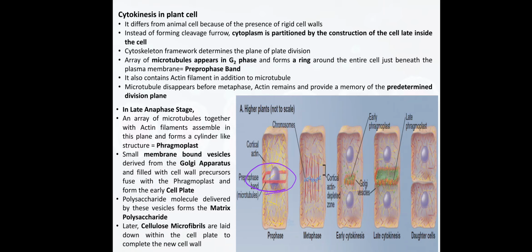Along with that, small membrane-bound vesicles derived from Golgi apparatus, filled with cell wall precursor, fuse with the phragmoplast and form the early cell plate. The polysaccharide molecules delivered by these vesicles form the matrix polysaccharide. Later, cellulose microfibrils are laid down within the cell plate to complete the new cell wall.